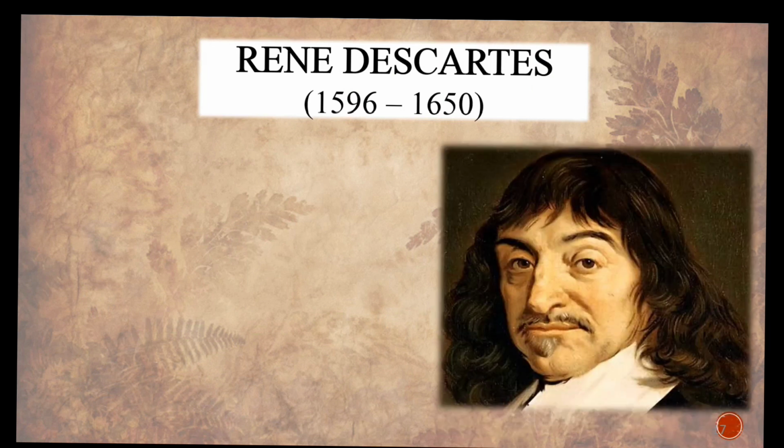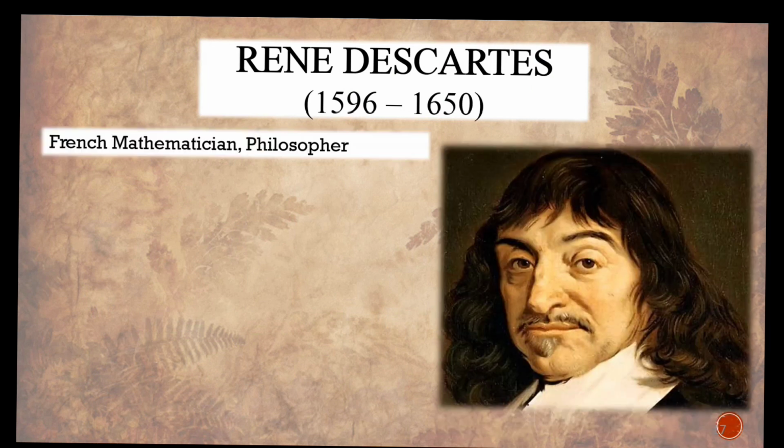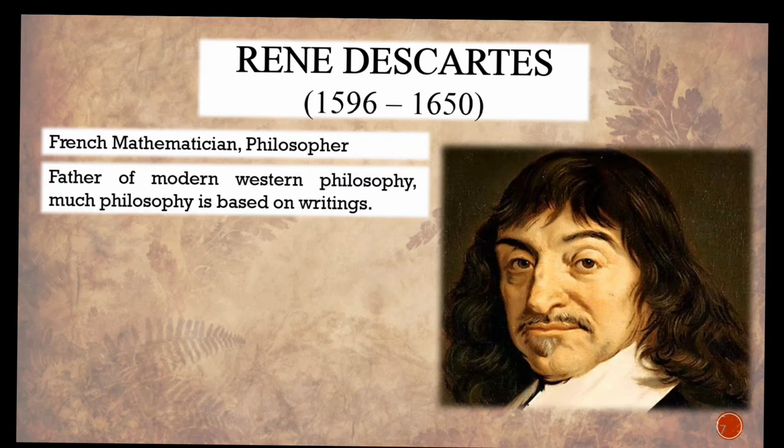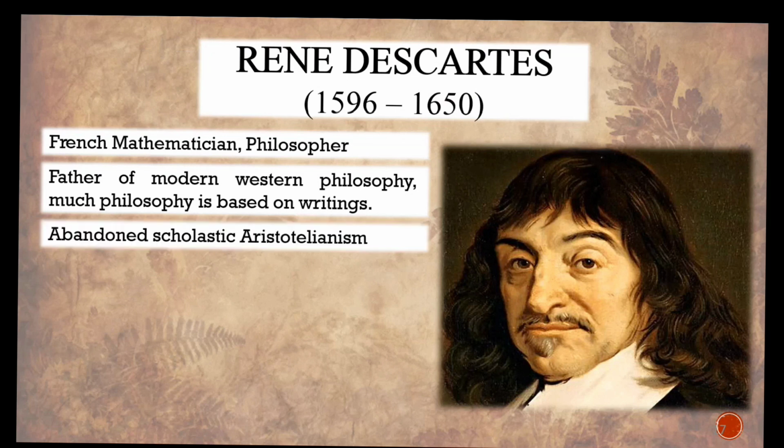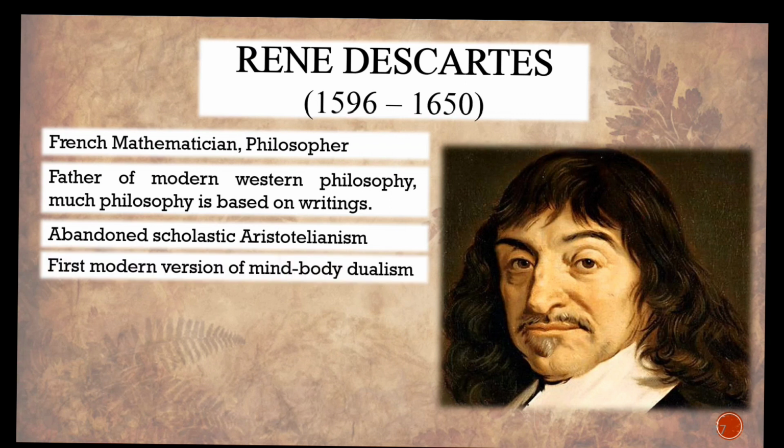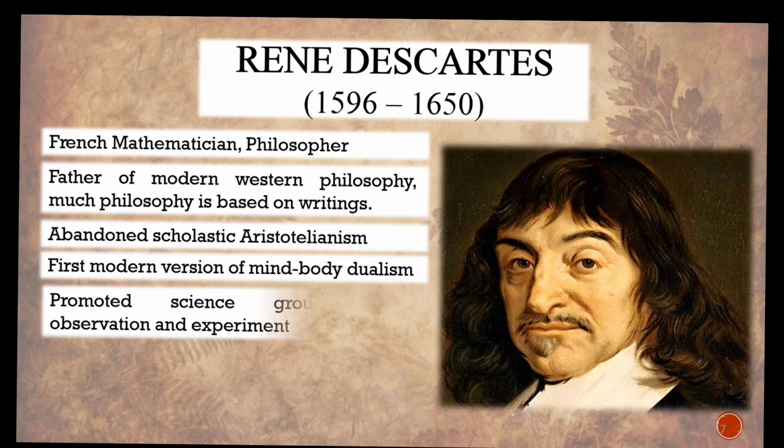Then we have René Descartes. He is a French mathematician and philosopher, the father of modern Western philosophy. He abandoned scholastic Aristotelianism. The first modern version of mind-body duality is his discovery.